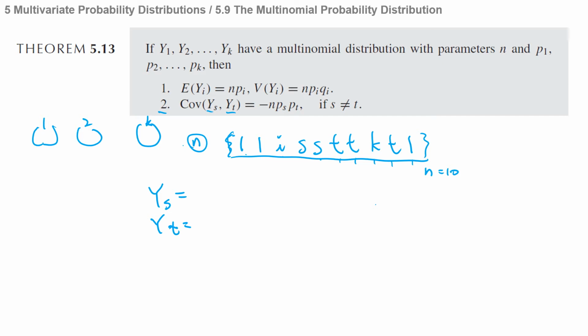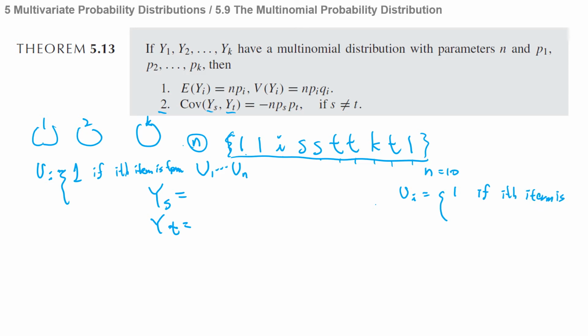Let's define U1 to Un, where Ui is 1 if the ith item is picked from the s cell, and 0 otherwise.